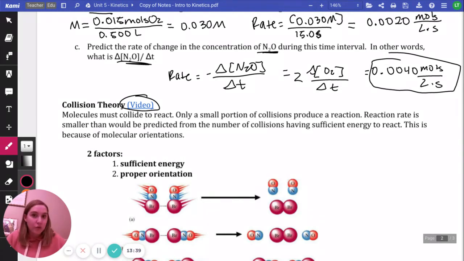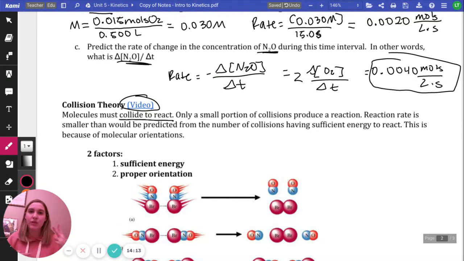Okay, hopefully you did that and you paused it and you watched the video. So now we're going to go through and talk about collision theory. Collision theory is basically the theory of how reactions occur, all right? And we say in collision theory that molecules must collide in order to have a reaction. Now, a lot of molecules collide, but only a small portion of those collisions actually produce a reaction. So based purely on the number of collisions, our reaction rate is much smaller than we would totally believe.